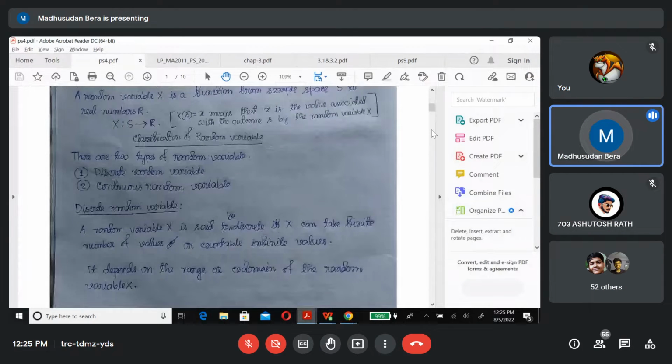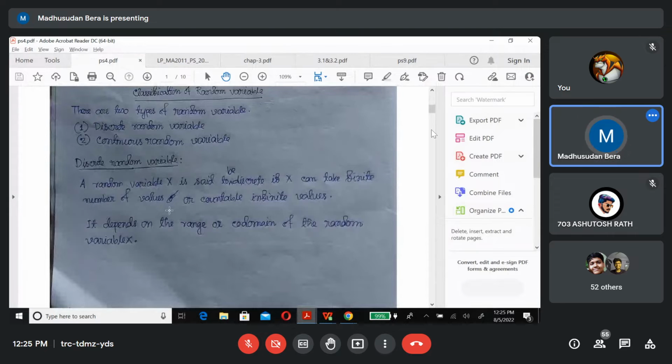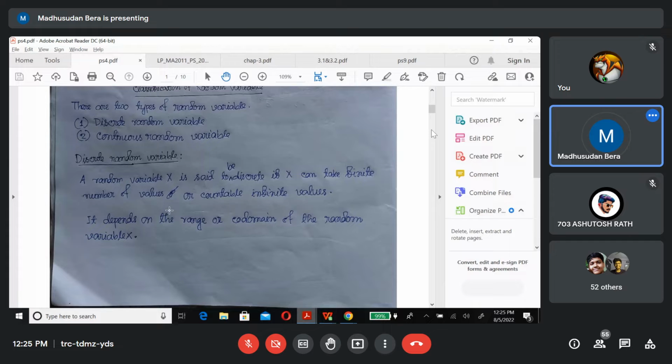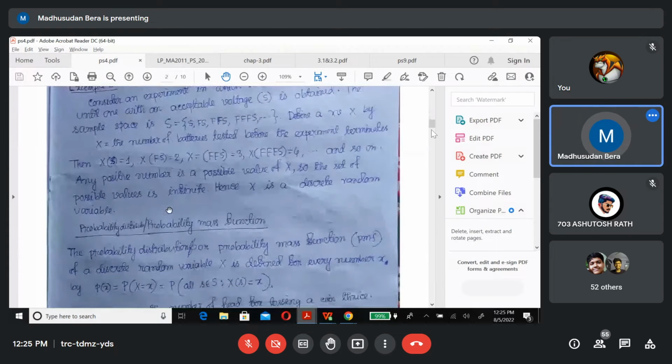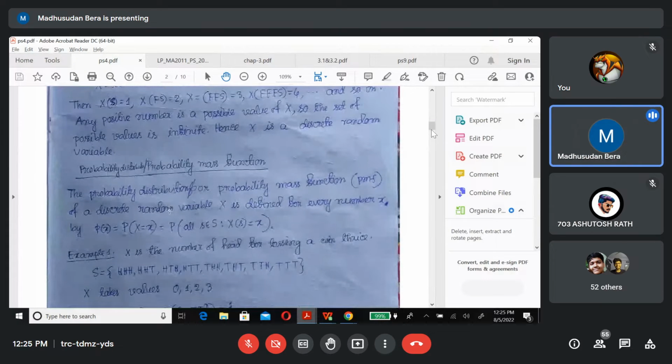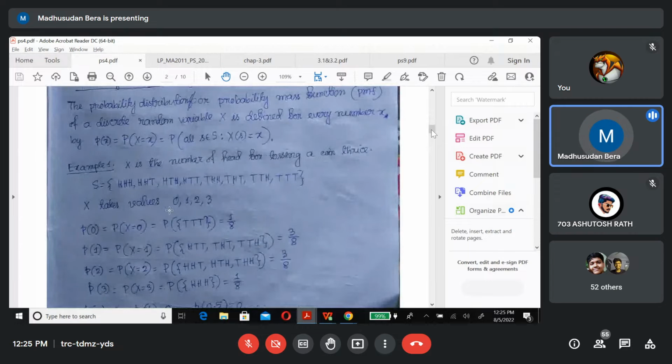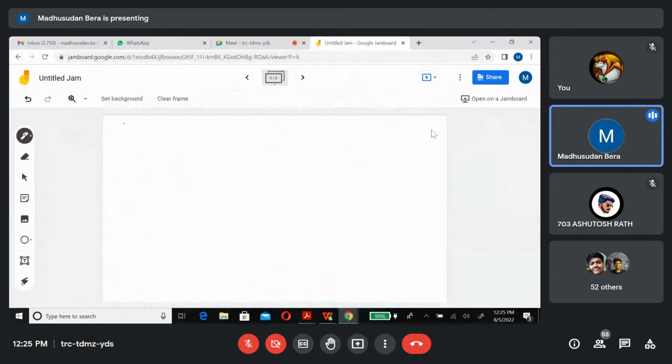So there are two types of random variable, discrete and continuous. Discrete if the range of X is a finite set or countably infinite set. After that we defined the probability mass function, which is for a discrete random variable.